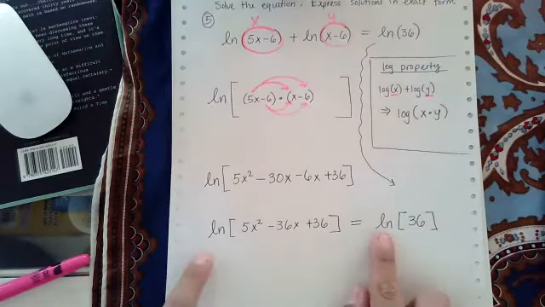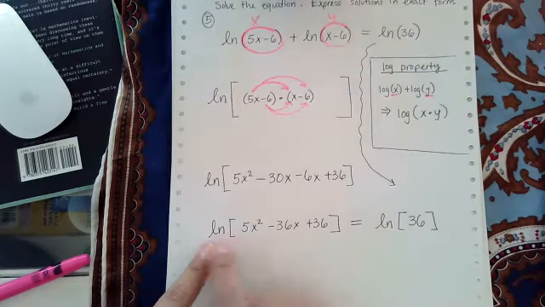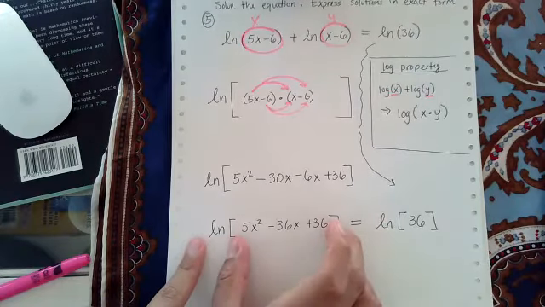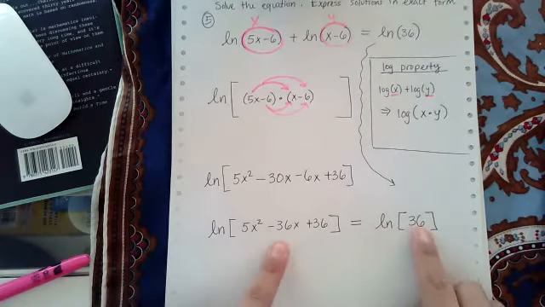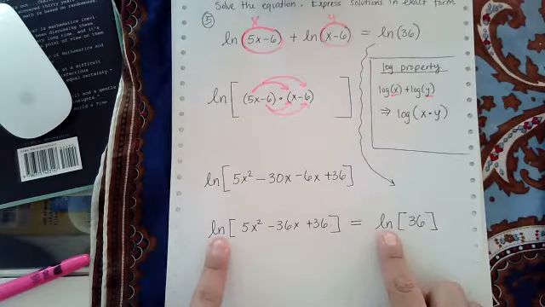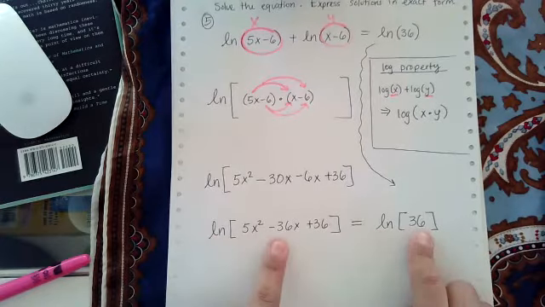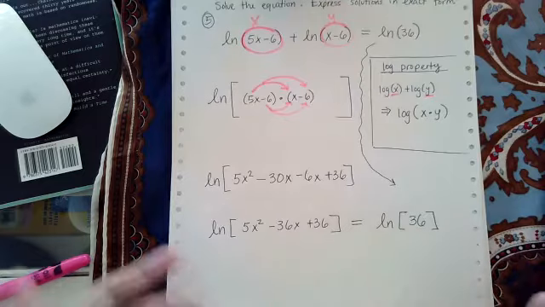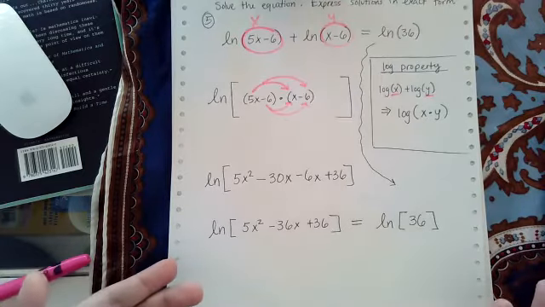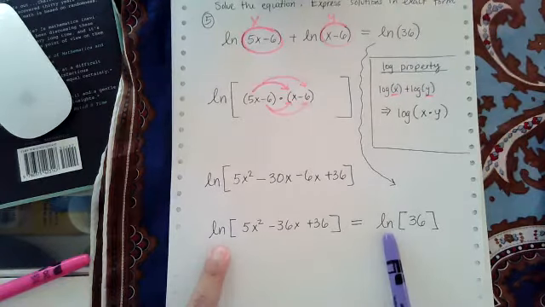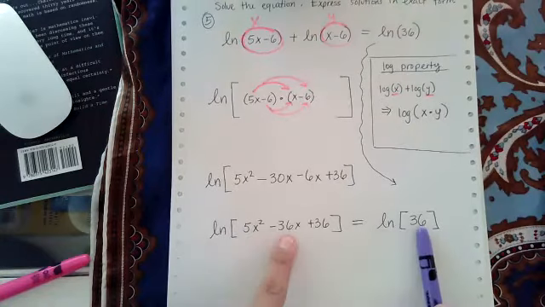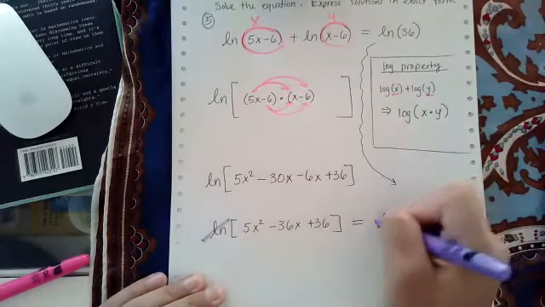Well, this is actually really nice because if we have the log of something equal to the same log of something else, then those inputs that we're throwing into the log function have to be equal to each other. Otherwise, the entire equation won't be equal. So this is sort of like where our bases matched when we were looking at exponential equations. If the log bases match on both sides of the equation, then the inputs for those logs have to be equal to each other. So we can just ignore the log bases.